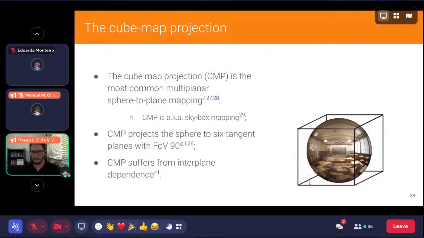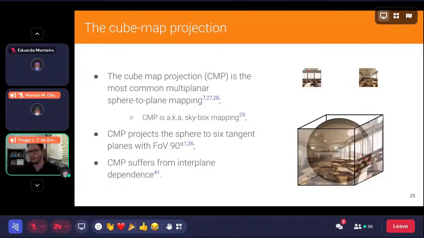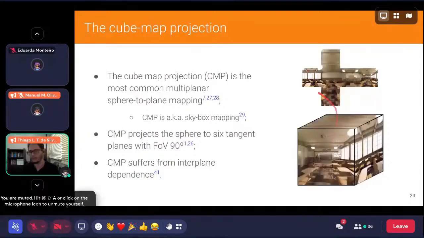Well, the basic idea is the one that I just mentioned to you. Here we have some kind of animation. So we start from this sphere representation, and the cube is empty by now. Then we project part of its information to one face, then another part to another face, then the other part to the other face, and then we have this cube map projection, this cube map representation.